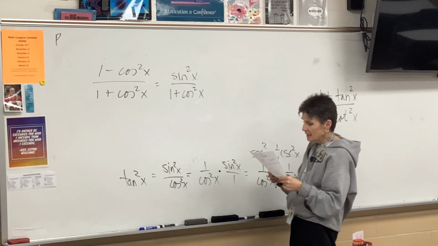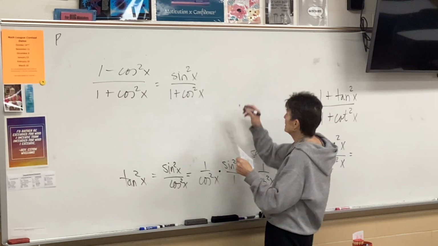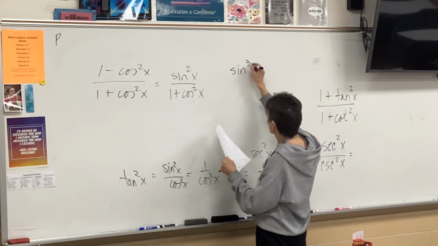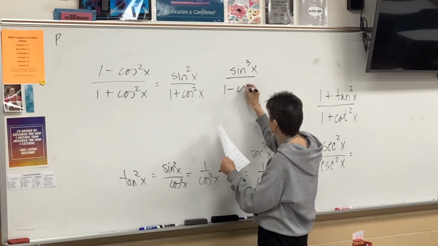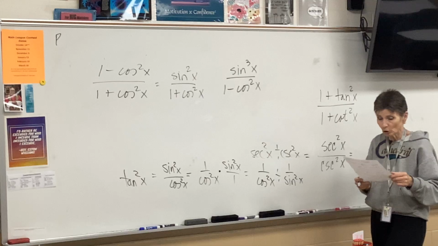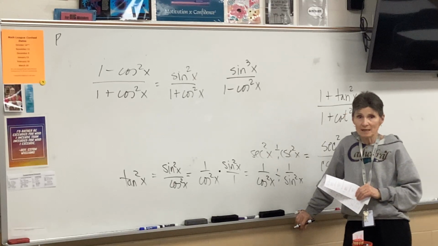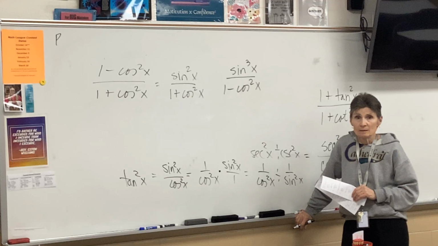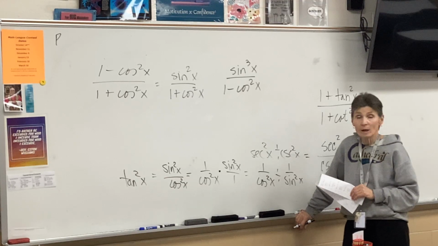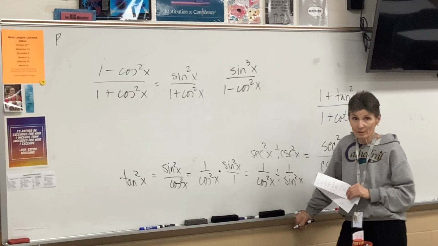17 is easy if you don't let yourself get psyched out by the cube. Kind of ignore the cube for a minute and look at that denominator. What do we know about the denominator? The denominator, 1 minus cosine squared, is sine squared.